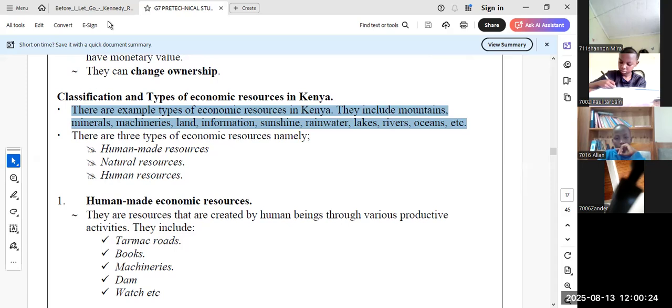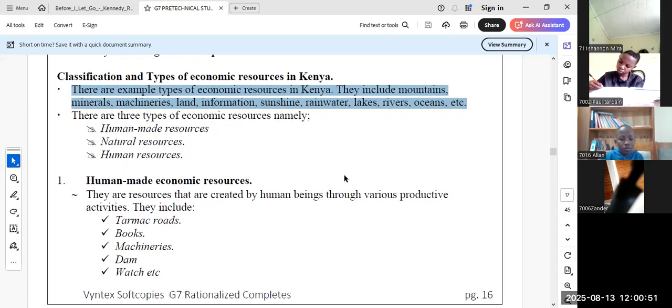They include mountains, minerals, machineries, land, information, sunshine, rainwater, lakes, rivers, oceans, etc. We are saying there are example types of economic resources in Kenya, and these example types include mountains, minerals, machineries, land, information, sunshine, rainwater, lakes, rivers, oceans, etc.